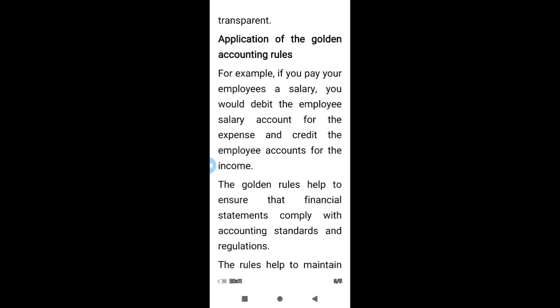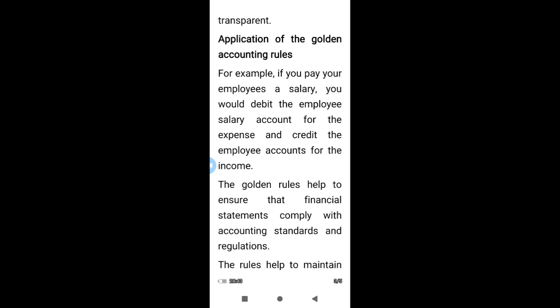Salary is a nominal account. So if we start by using the golden rule on the salary account, salary is a nominal account, which is an expense because the business spends on it. Since it's an expense, all expenses are debited, and automatically cash will be credited.